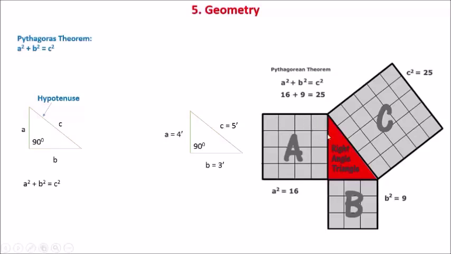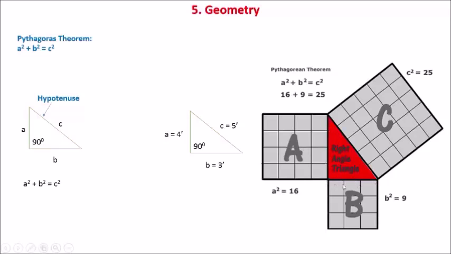Each one is like a 1-foot tile. So I have 4 times 4, 16 tiles here. So when I say 4 squared, that means 16. That also means that I've got a square filled with exactly 16 tiles, right? That's what that means, because I have a square with side 4.